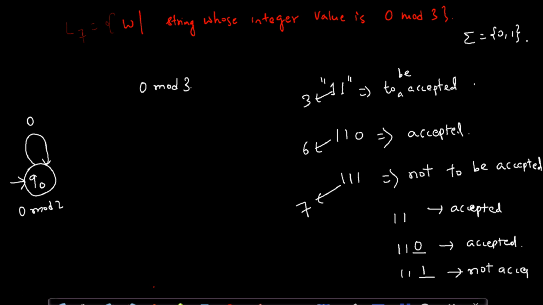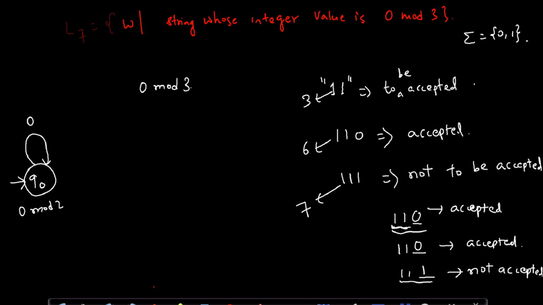In a binary string you have only two symbols, 0 or 1. So if your existing string is accepted, then if you get 0, you will accept the whole string, but if you get 1, you will not accept the whole string.